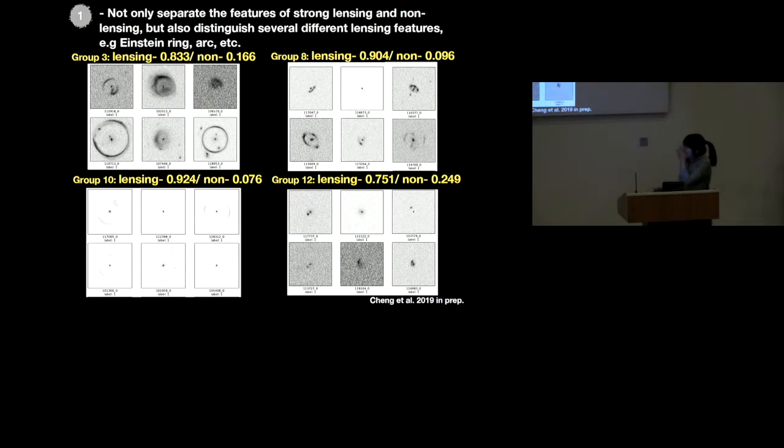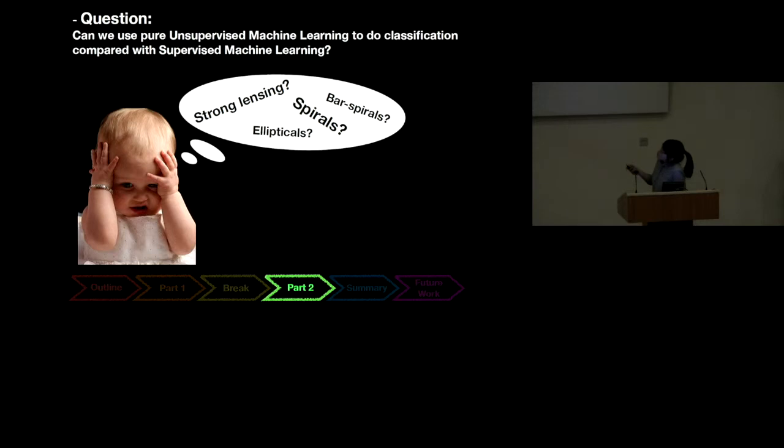Okay, so when I started to do unsupervised machine learning, I discovered there's a question you need to clarify: can we use pure unsupervised machine learning to do the classification compared with supervised machine learning?